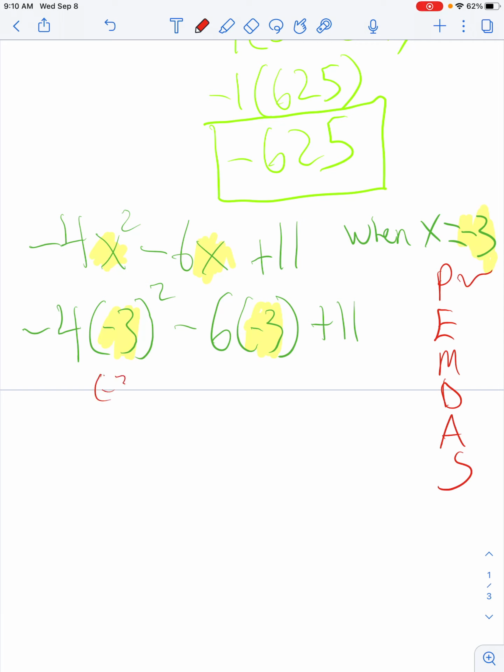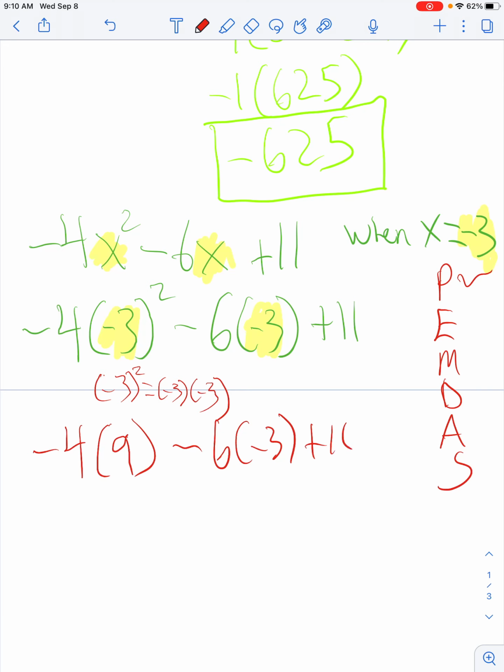So I'm going to check that off and move to exponents. I do have exponents. So -3 squared is like saying -3 times -3. Let's rewrite that, again haven't touched the -4, but I know that -3 times -3 is positive 9.